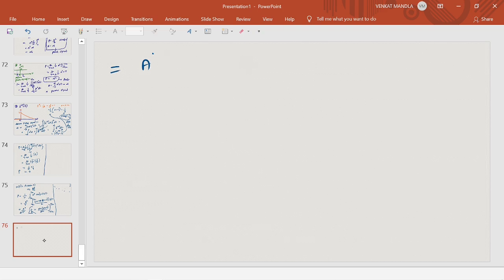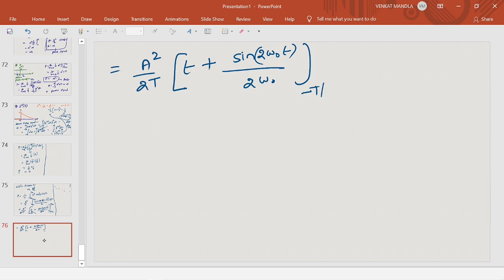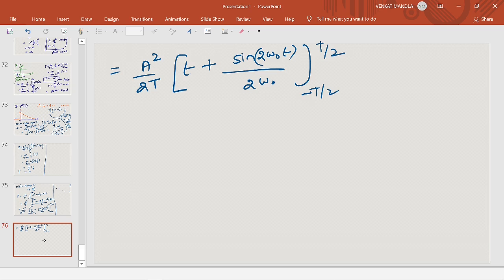So it is a square by 2T into T plus sin 2 omega naught t by 2 omega naught from minus T by 2 to plus T by 2.